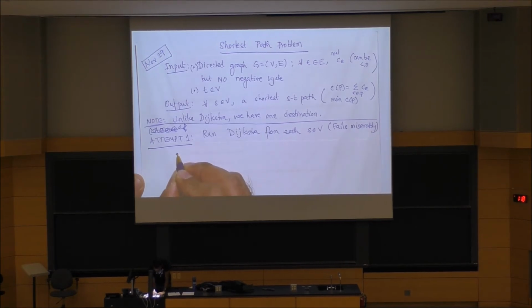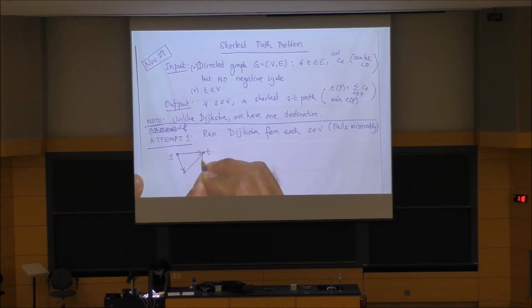So here's one example. And I believe this might be the smallest example that you can come up with. So there are 3 nodes. The direct edge from S to T has cost 1, S to U has cost 2, and U to T has cost -3. Okay.